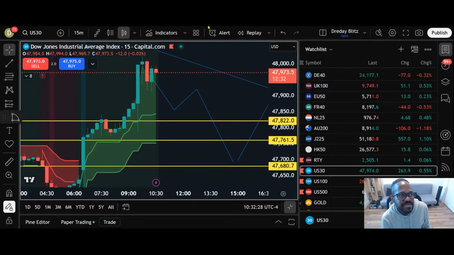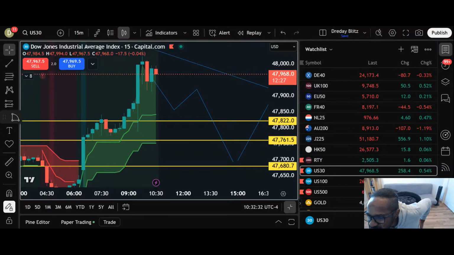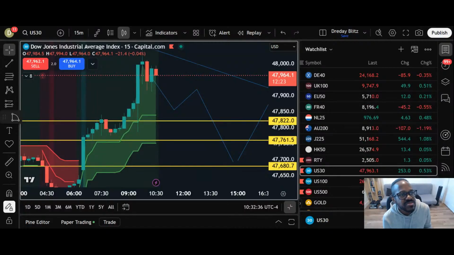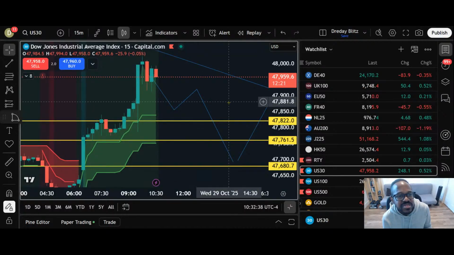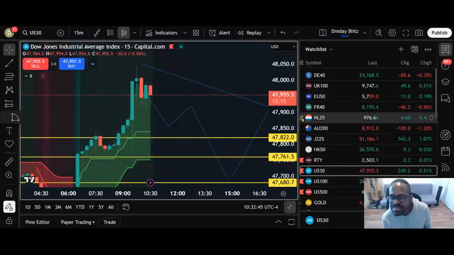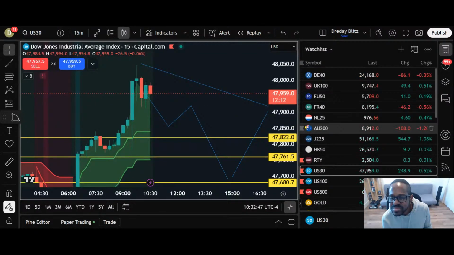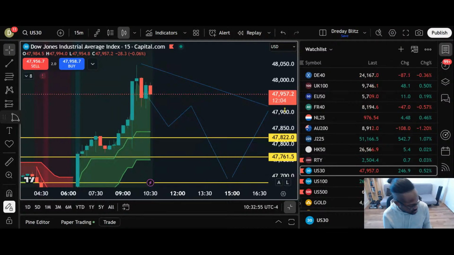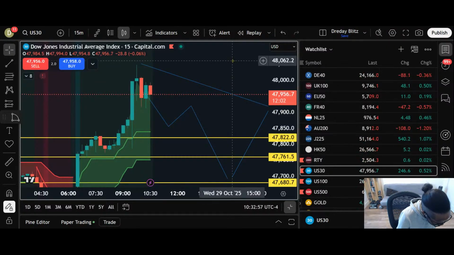So that means that you have a buy setup here on price action. Okay, so I'm trying to fix the reason why it's not loading here. Later on.